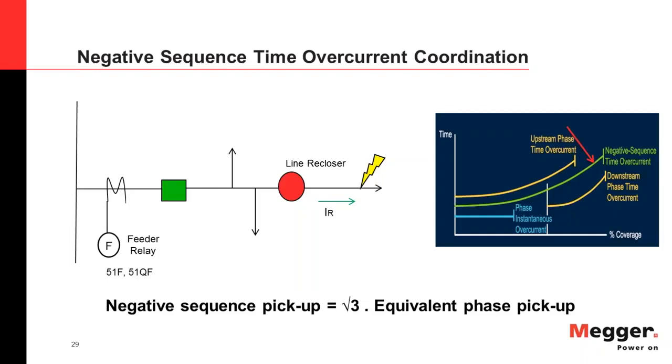They are just increasing the pickup. In that way, it will be somewhere between the phase time overcurrent curve and the downstream phase time overcurrent curve. I have not seen this concept in other relays like GE, Basler, but I have seen it in the Schweitzer relays.